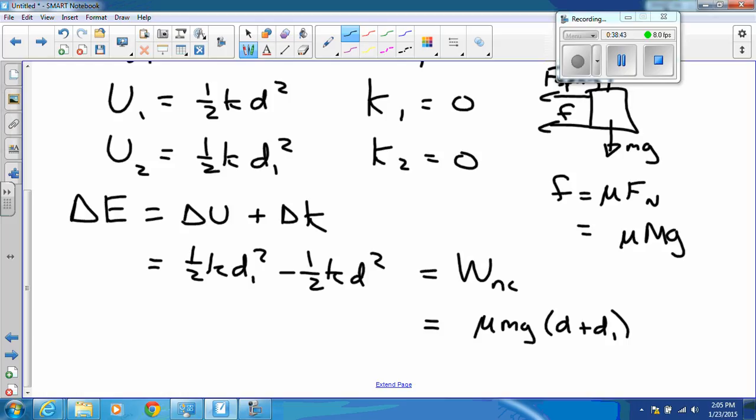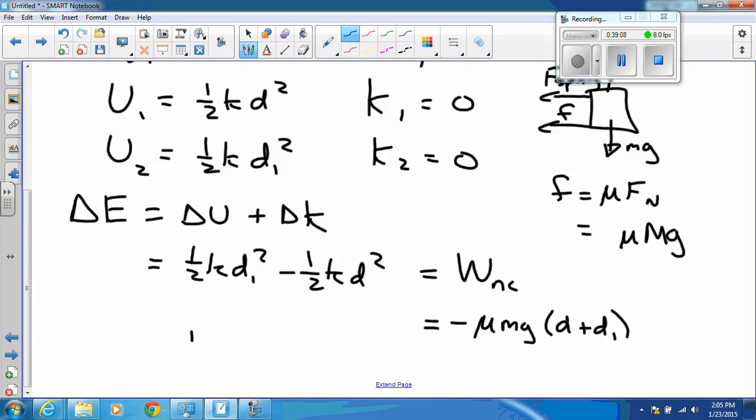And now finally, the cosine of the angle between. My frictional force, according to the free body diagram, is pointing which way? Left. And which way am I traveling? The right. So what's my cosine of the angle between? -1. That's it. And now I'm ready to solve for mu.